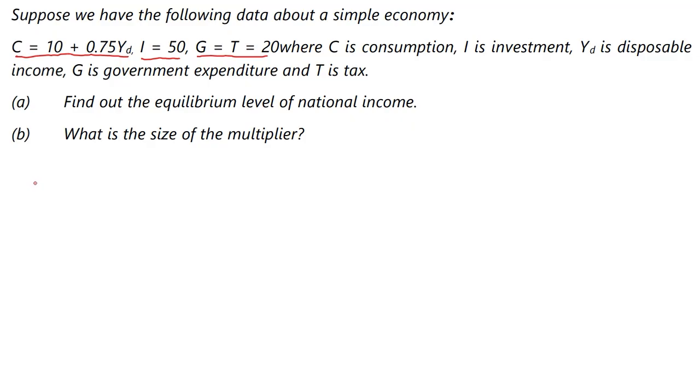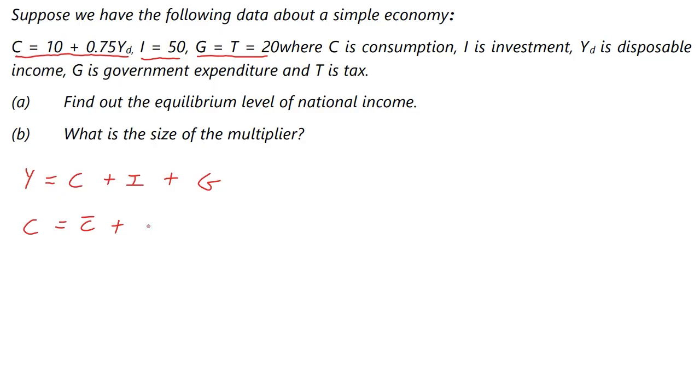First of all, this seems to be a three-sector economy. In a three-sector economy, if we want to find out the equilibrium level of income, it is going to be Y is equal to C plus I plus G. Then we have been given C as 10 plus 0.75 YD, and that is in the format of C is equal to autonomous consumption plus the MPC times YD.